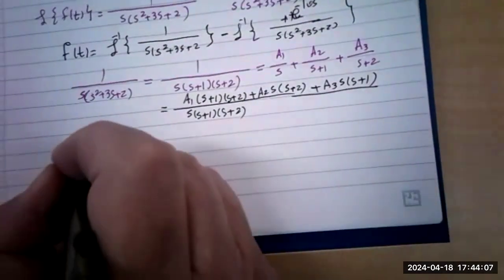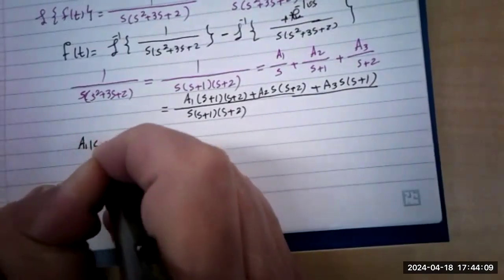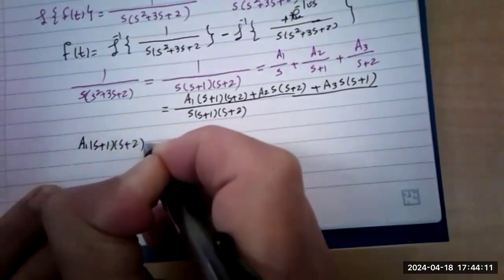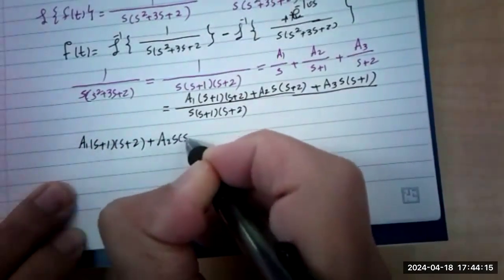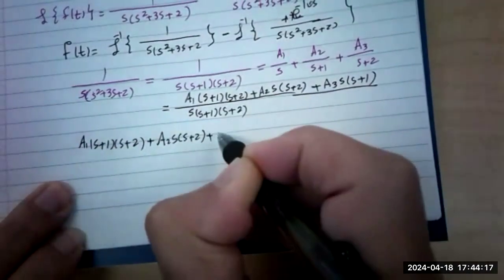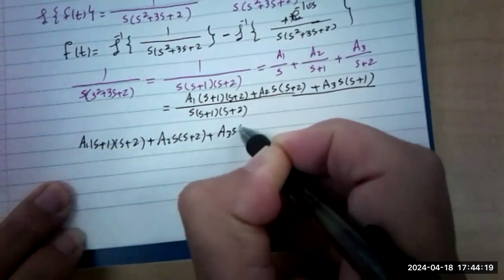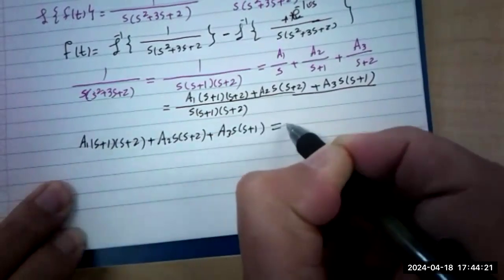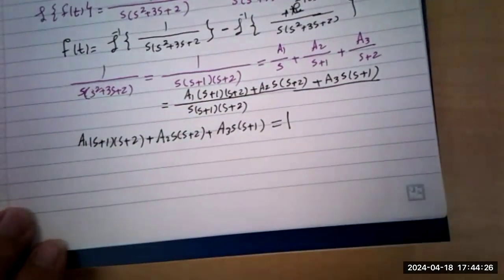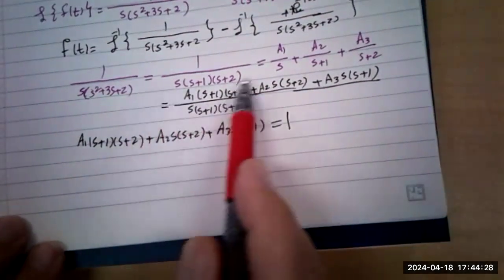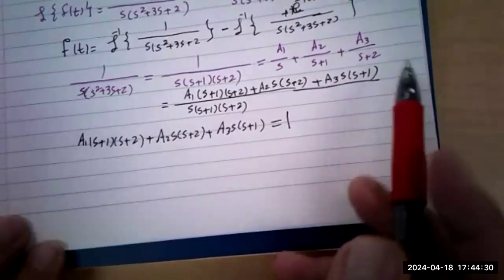Okay, so there you are. A1 times s plus 1, s plus 2, plus A2 s times s plus 2, and we get A3 s times s plus 1, everything equal to 1. You need 3 numbers to check, and you already got the numbers: zeros of the denominator.